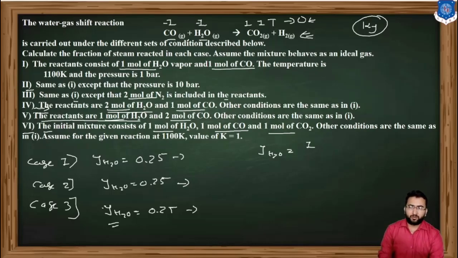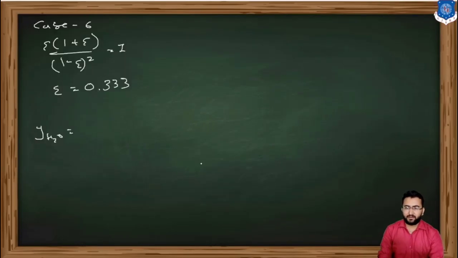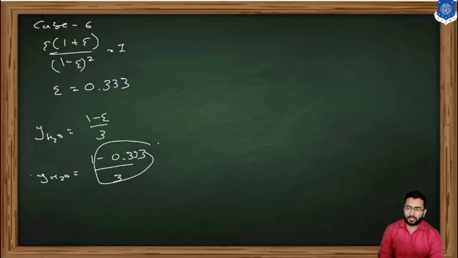Then the stoichiometric number for H2O is minus 1, so it's minus epsilon, upon the total number of moles 1 plus 1 plus 1, which is 3. So 1 minus epsilon upon 3. The value of epsilon is 0.333, so I can write 1 minus 0.333 upon 3. If we calculate this term, you will get the mole fraction of y of H2O, or steam.